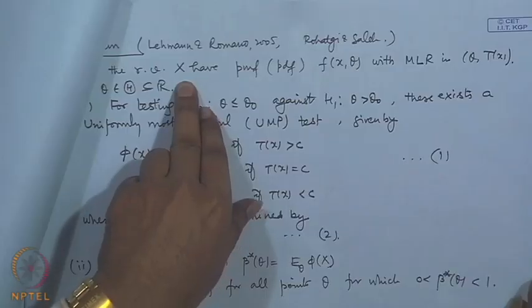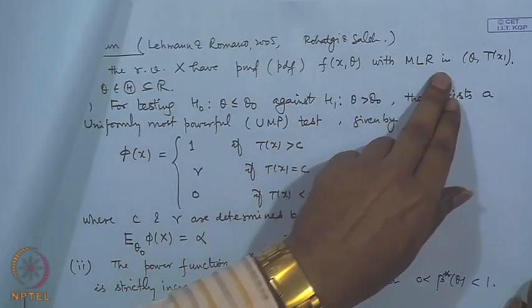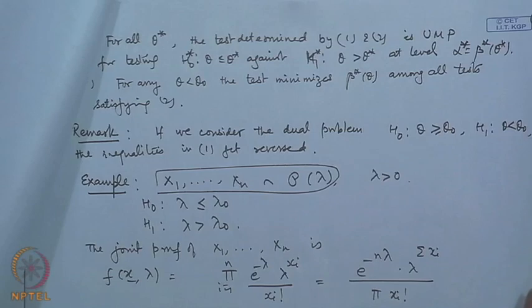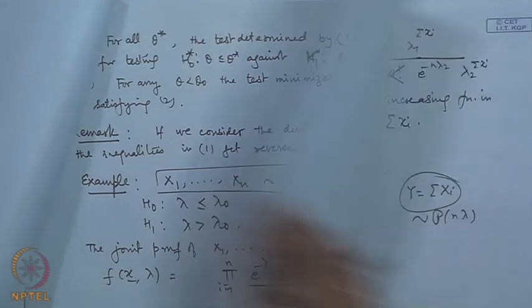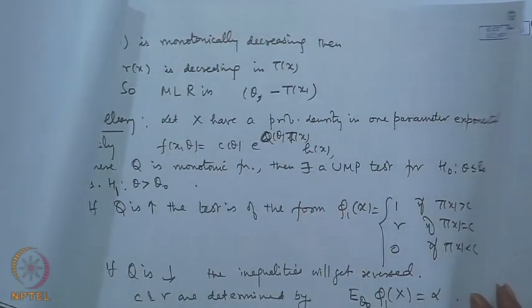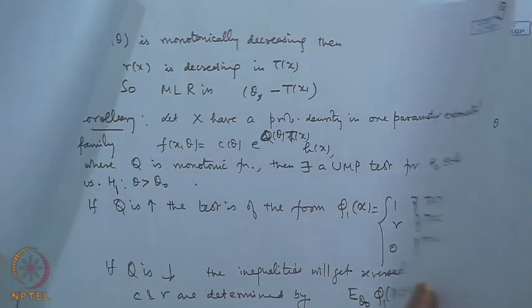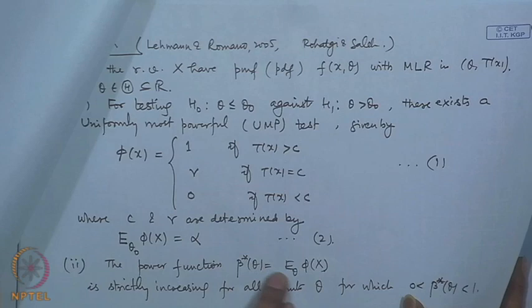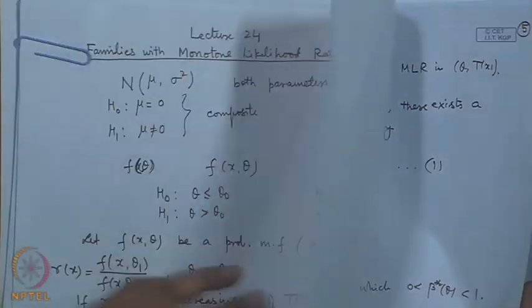So, if the distribution of x, f(x, theta), has MLR in theta, T(x), and the most powerful test is of this form, then what we said here is that for the values of theta which are bigger, it will be greater than or equal to power, and for lower side it is actually increasing function. Beta star theta is a strictly increasing function of theta, for which this is true. So, this is followed here.